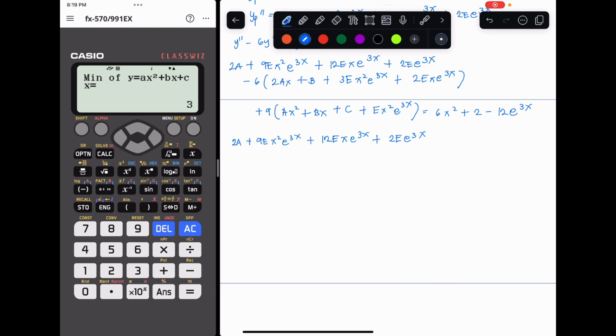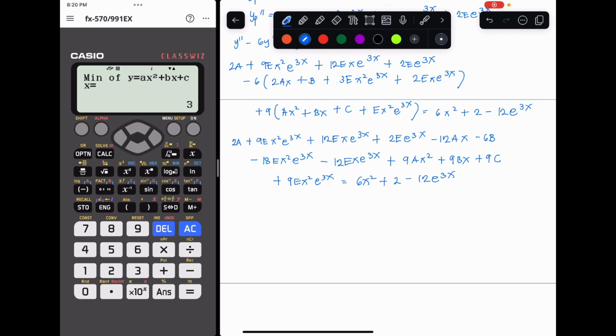So we distribute the negative 6, that would give us negative 12ax, then minus 6b and minus 18e x squared e raised to 3x, and then minus 6 times 2e, so we'll have 12e x e raised to 3x, then plus 9ax squared plus 9bx plus 9c, then plus 9e x squared e raised to 3x is equal to 6x squared plus 2 minus 12 e raised to 3x.